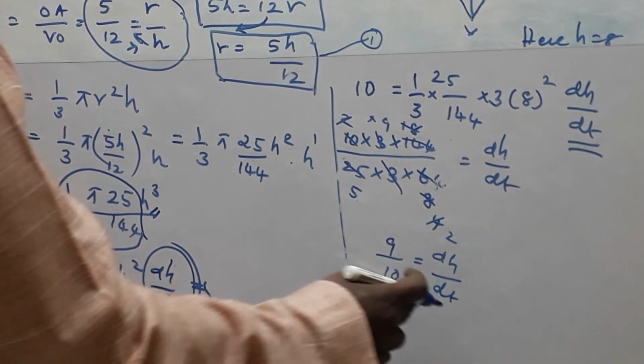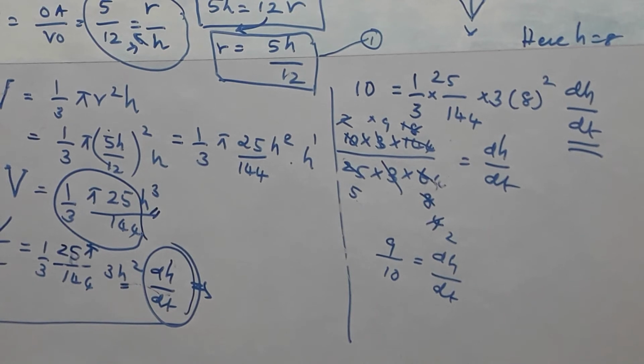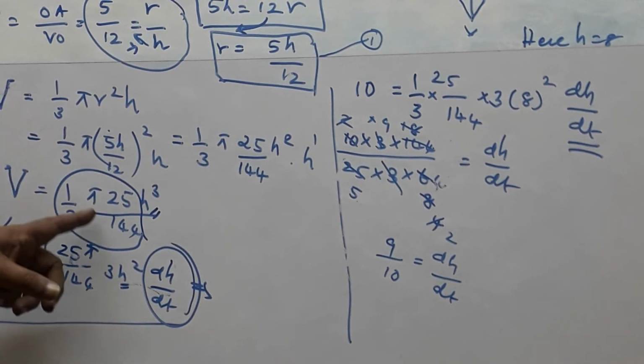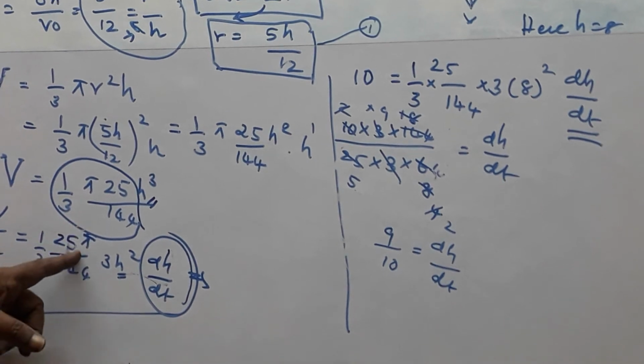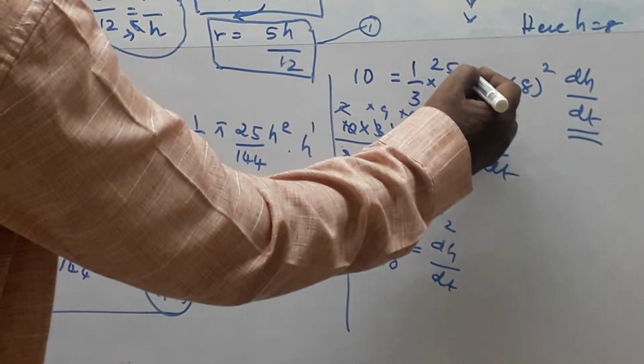What is the value of dh by dt? That is 9 by 10, 9 by 10 pi. We already forgot about the 5. Yes, here also pi.